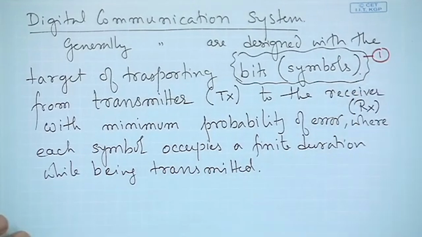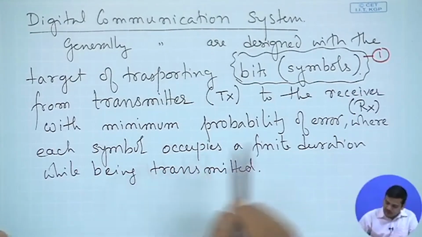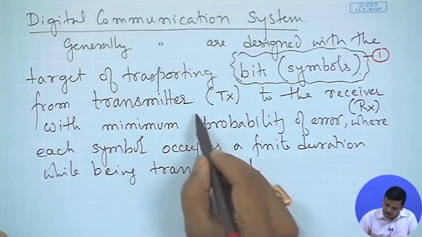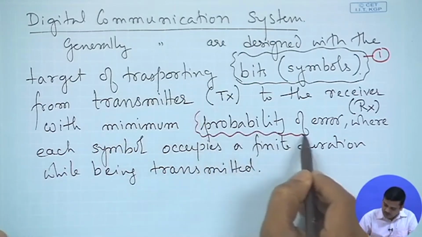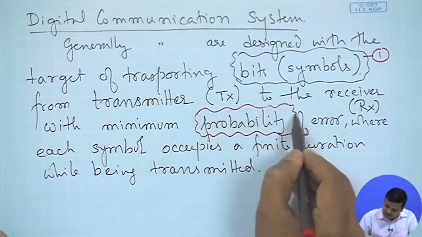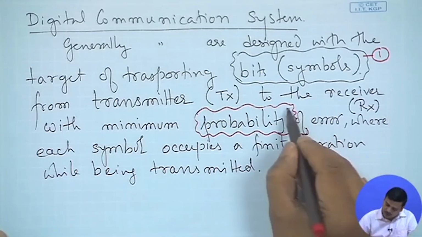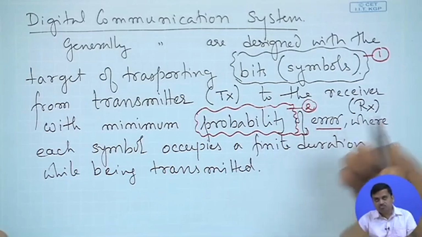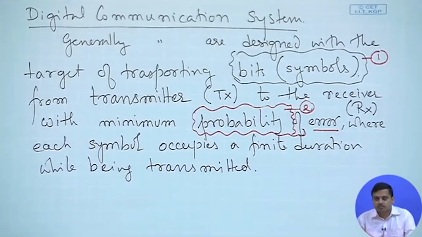And the second thing that we have here is probability. And if you can think of errors, it's another third term that we can talk about.